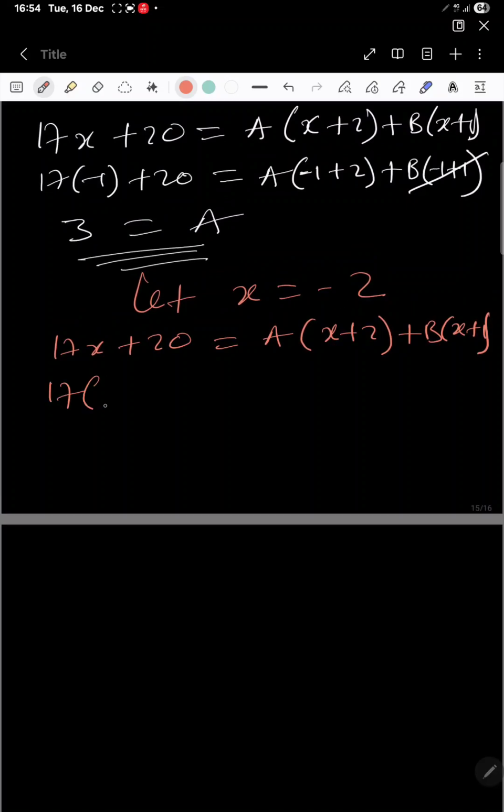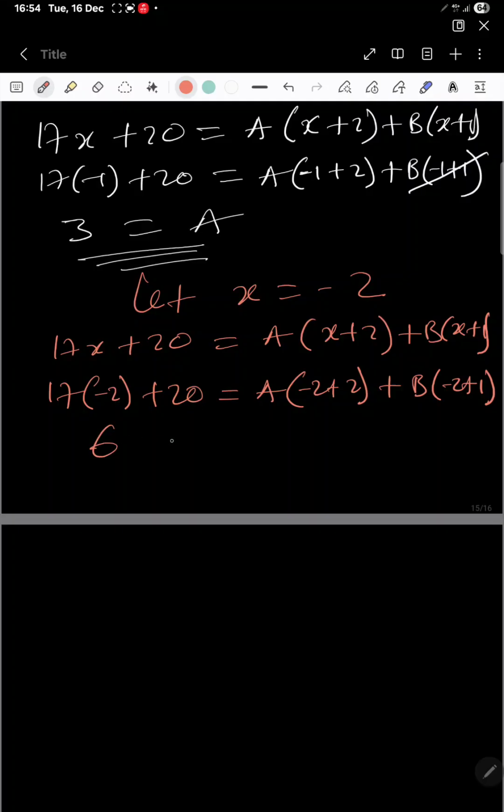So we have 17 times -2 plus 20 is equal to a open -2 plus 2 plus b open -2 plus 1. Then 17 times -2 is -34 plus 20, we are going to get -14, which is going to be equal to, this part will go to 0, -2 plus 1 is -1 times b is -b, meaning that we divide by a negative, and our b is going to be 14.